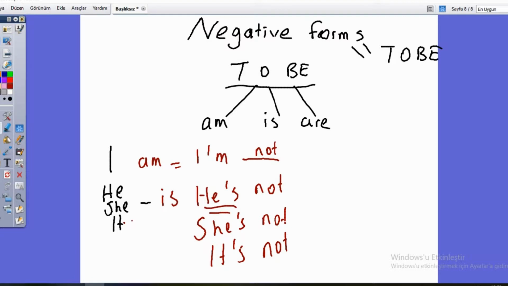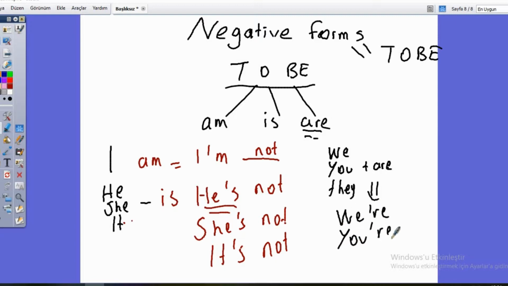We, you, and they. To be is are. We are, you are, they are. Short forms. Here we use we're, you're, and they're.